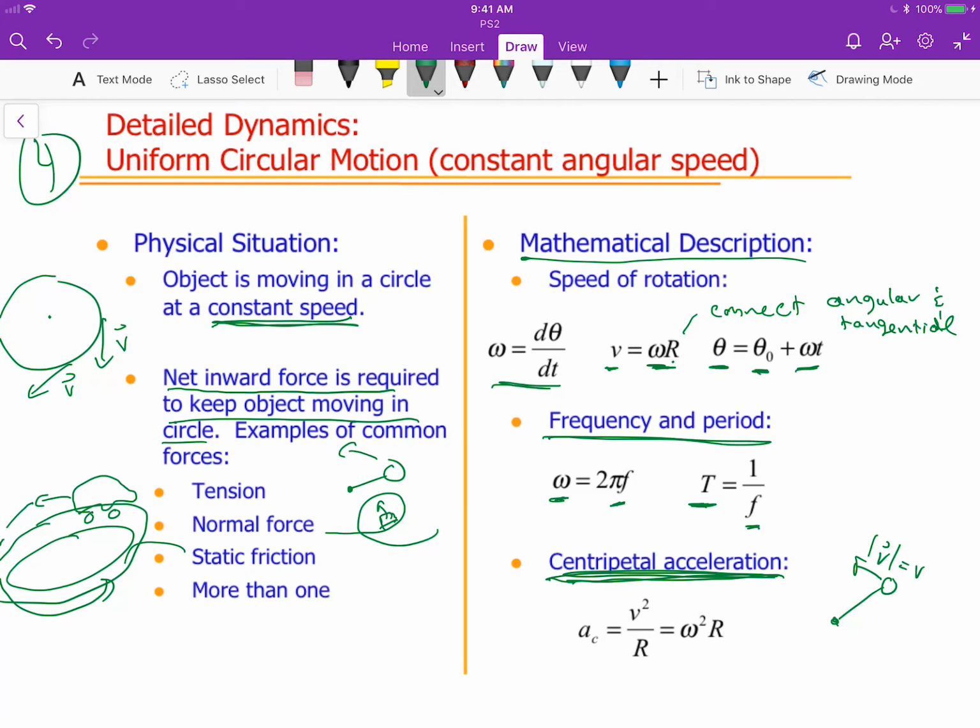So the speed is v. So our inward acceleration is going to be equal to v squared over r, or that's equivalent to omega squared times r.